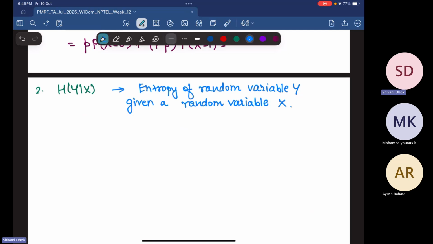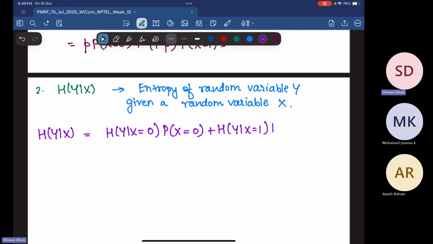Okay, and given x, I can obtain H of Y given X as H of Y given X equal to 0 into probability that X equal to 0, plus H of Y given X equal to 1 into probability that X equal to 1.